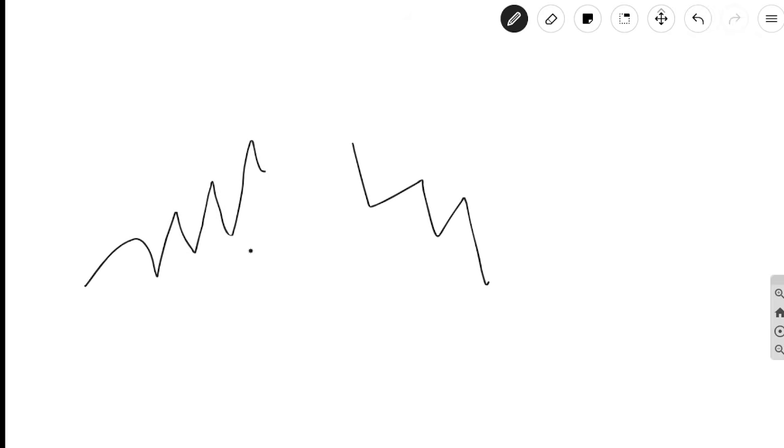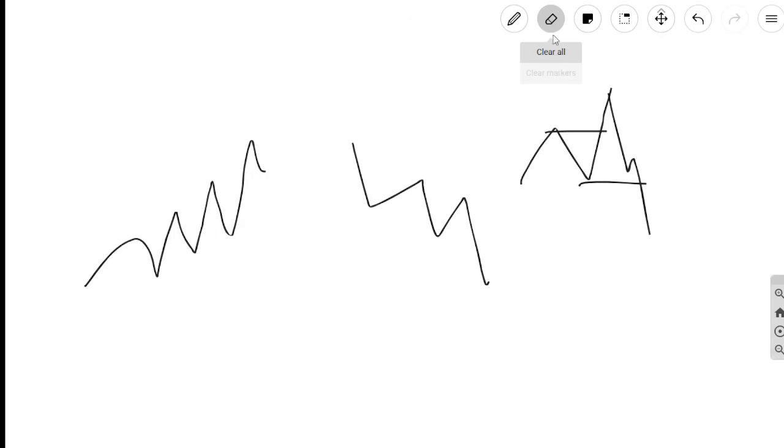You'll know why price performs a break above but changes direction instantly, and some questions like that. So it's one of the best topics.